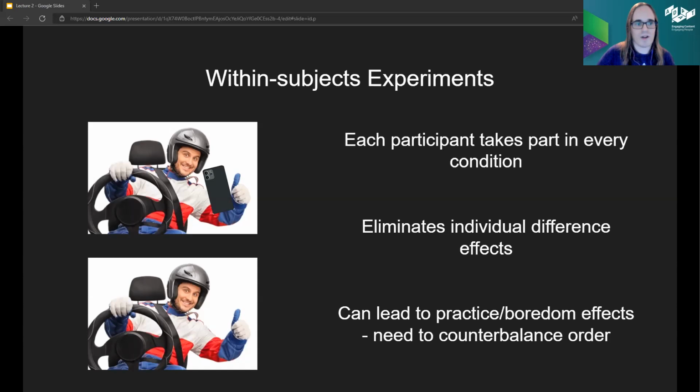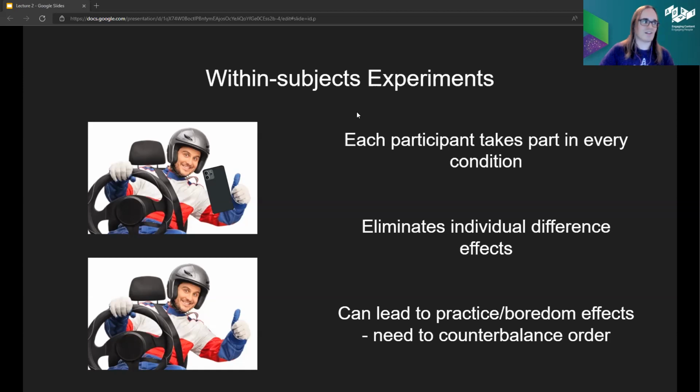On the other hand, we could do a within subjects experiment. So the alternative to between subjects is within subjects. Every participant experiences every condition of our independent variable, and we measure the dependent variable as it varied within each individual. I'm not comparing one person's score to anyone else. I'm only comparing one person's value for that dependent variable to their own score in the other condition.